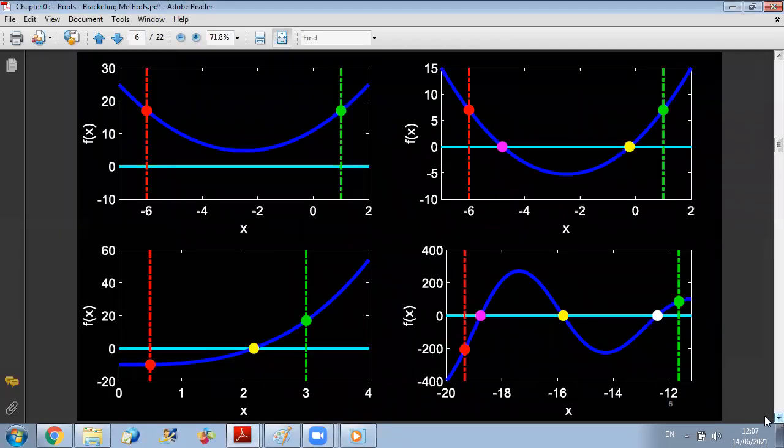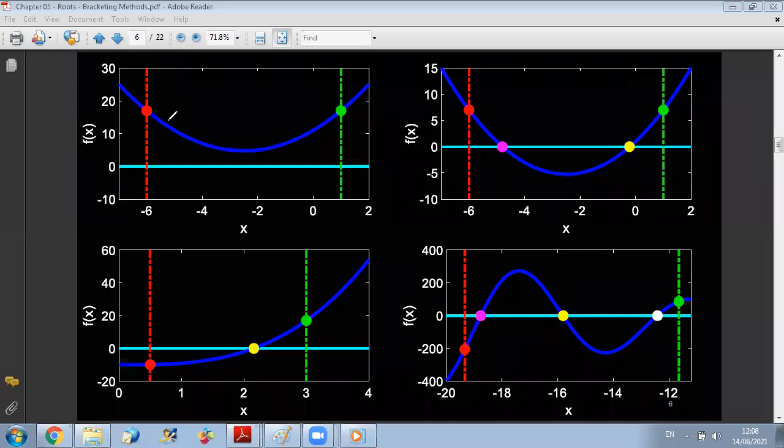So to start with, I want to know how can I know if I have a certain root, how many roots I can have, if it's an odd number or an even number. To understand all of this, let us look at this graph. So first, consider a certain function, and you know the value of your function at 2 points.